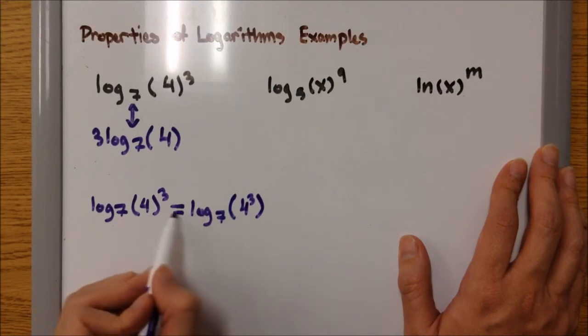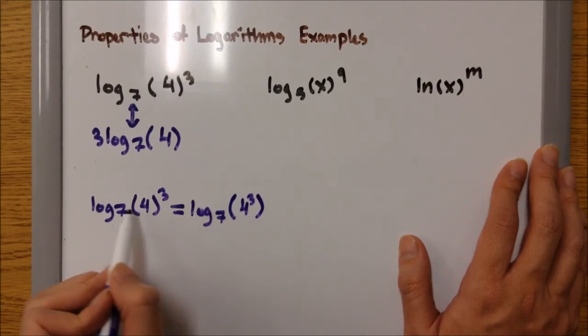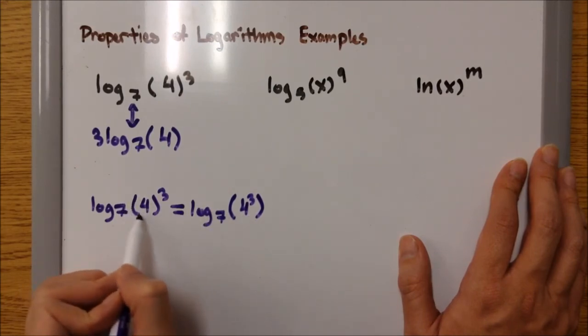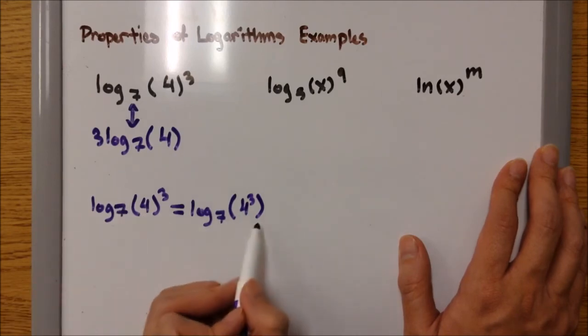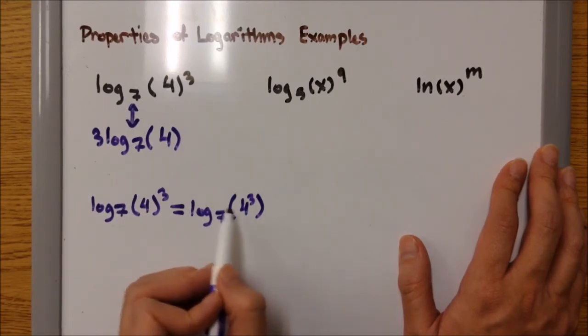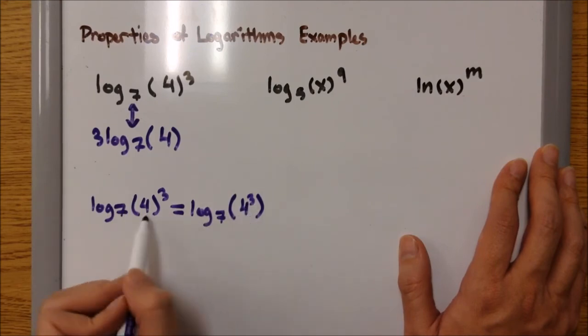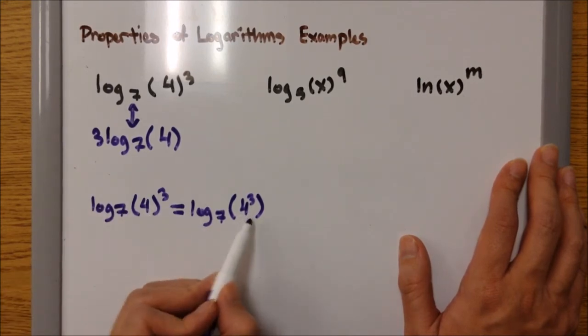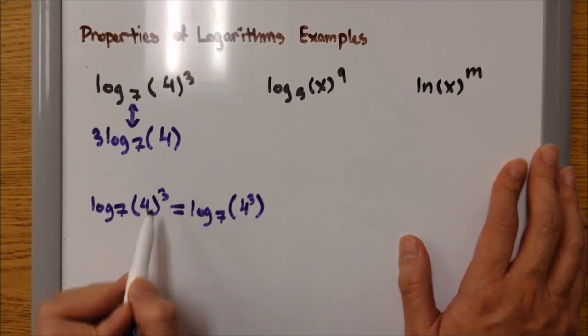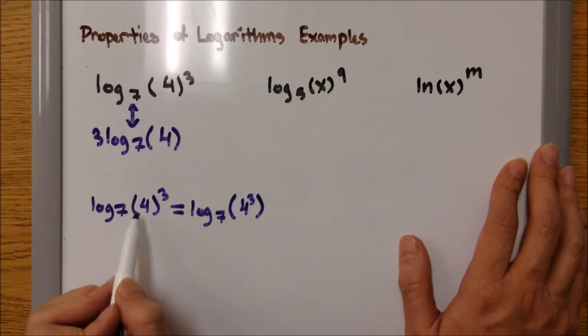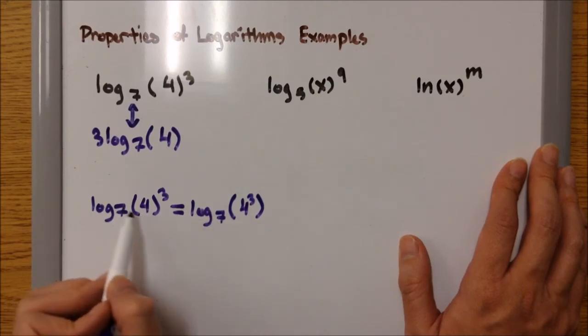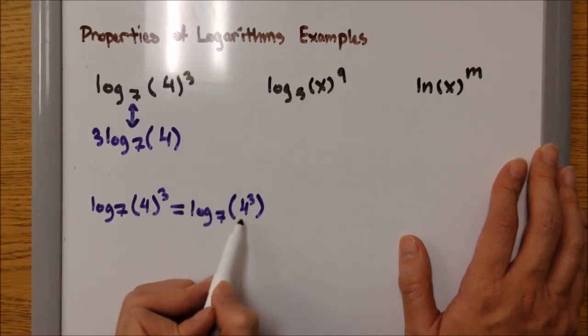Notice how I switch the parentheses. Now the parenthesis over here is only on the 4. Over here, the parenthesis covers 4 to the third power. So you can rewrite it and it's still the same, regardless. But you can only do this when it has an exponent. That's the only time you can rewrite with different parentheses over the 4 or over 4 to the third power.